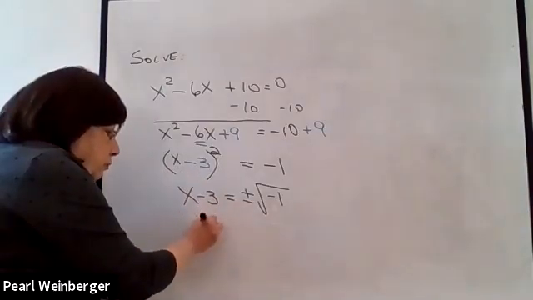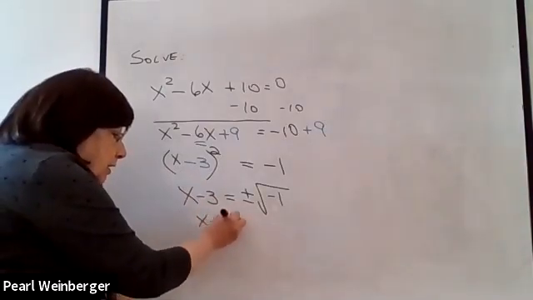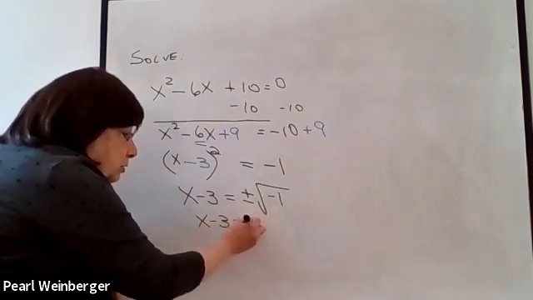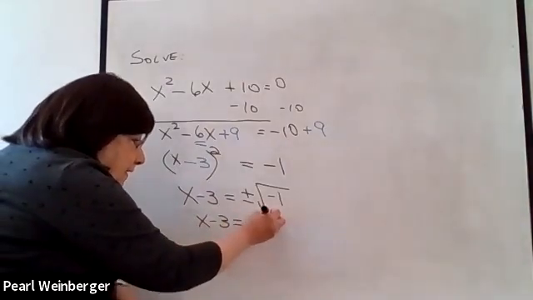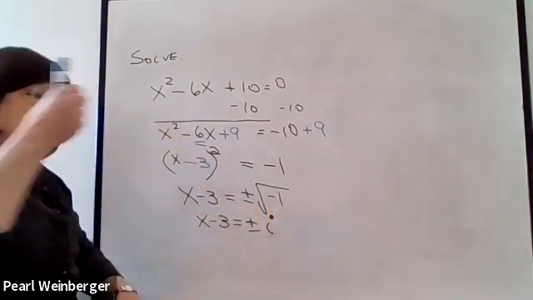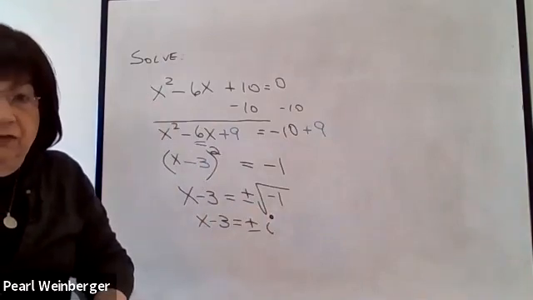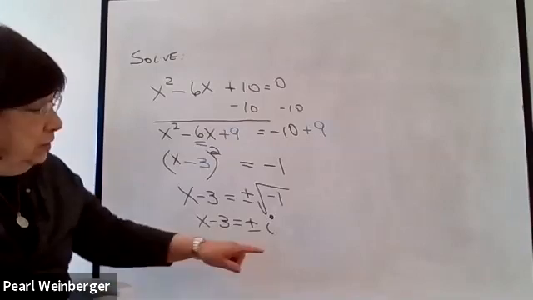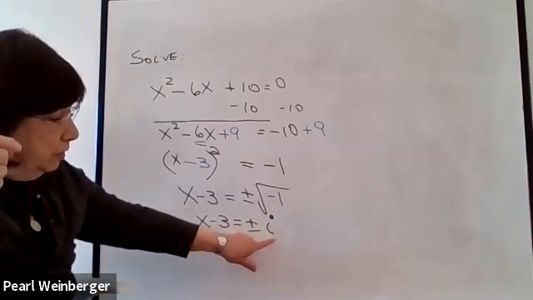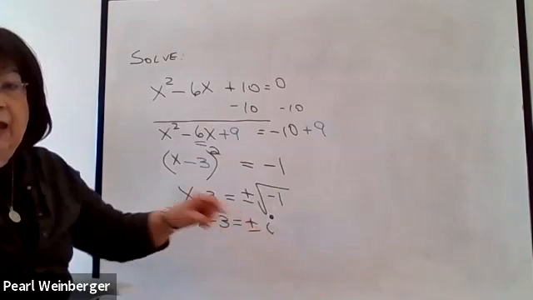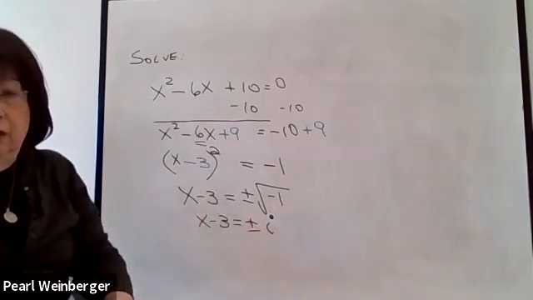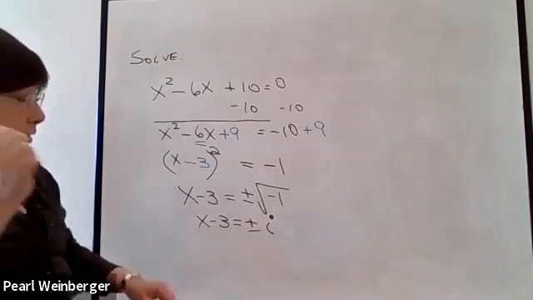So therefore, we get x minus 3 equals plus or minus i. Remember, the square root of negative 1 is not a real number. It's the imaginary number or the complex number, whatever you want to call it, i. i squared is negative 1, but i is an imaginary number.